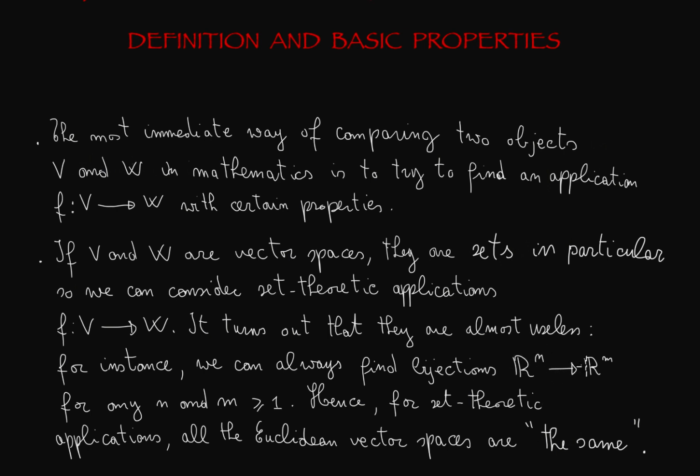We have seen in the previous lectures that the vector spaces Rn and Rm are radically different. For example, Rn has dimension n and Rm has dimension m, and if n and m are different, they cannot be considered to be equal or even the same. They even have a basis with a different number of elements, so they are totally and radically different objects.